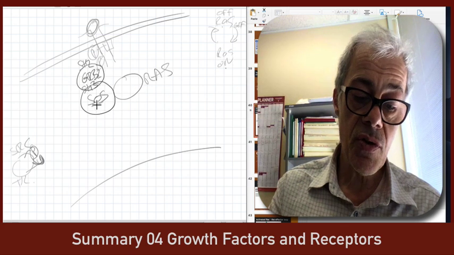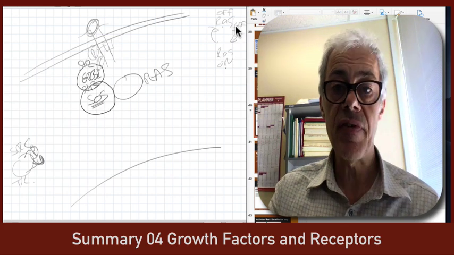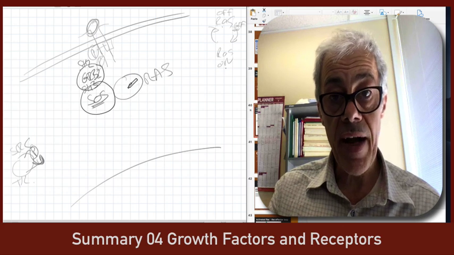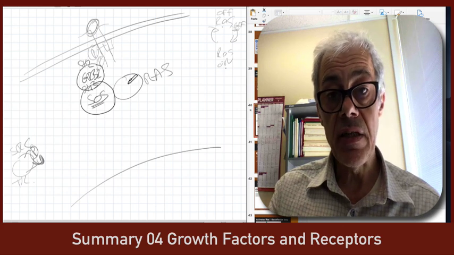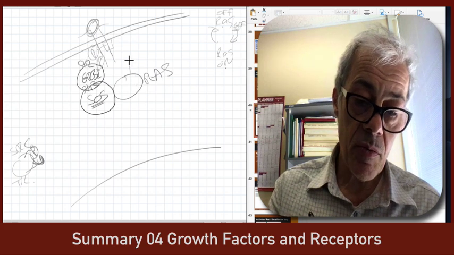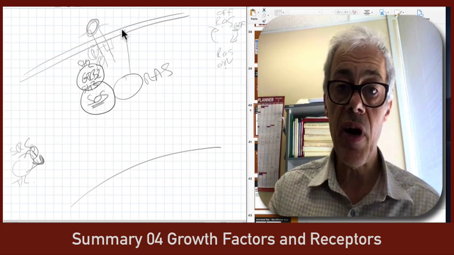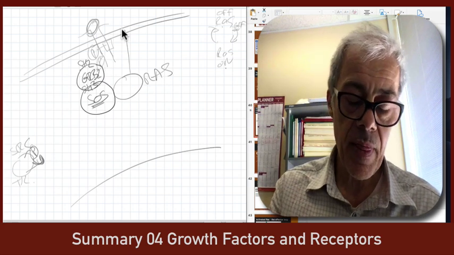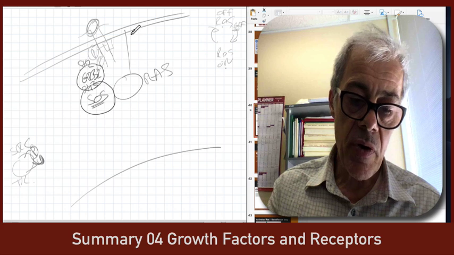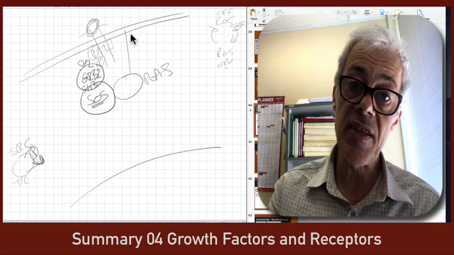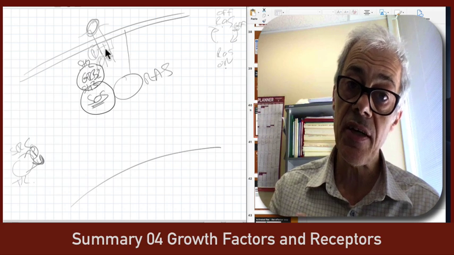Well, SOS is a guanine exchange factor. SOS leads to the exchange of RAS from a GDP to a GTP. Now, RAS is also bound to the membrane through something I talk about in the lectures. So again, we've got close proximity of these things on the plasma membrane where all the action's happening.